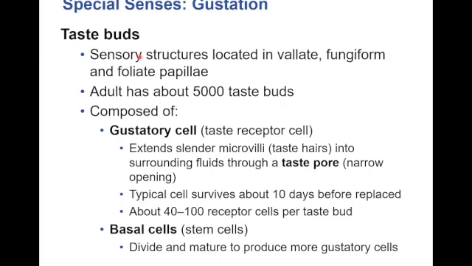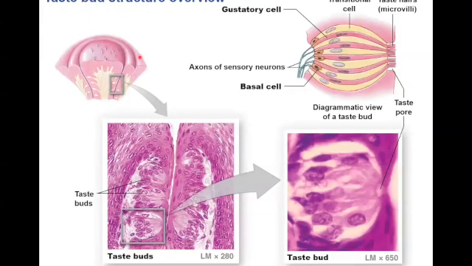Now, each taste bud is going to contain between 40 to 100 taste receptors. Those actual taste receptors are called gustatory cells. This is an example of what we're talking about. Here we have one of these papillae. If we look onto the lateral aspect, we can see the taste buds.